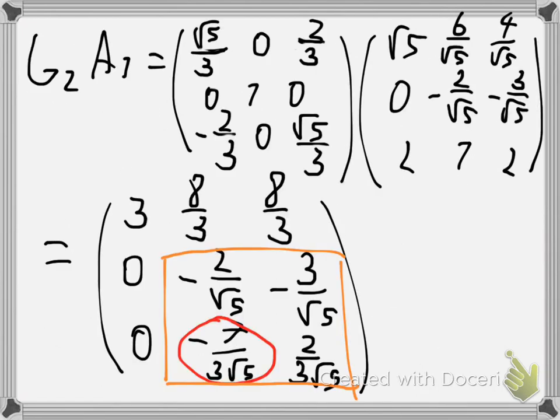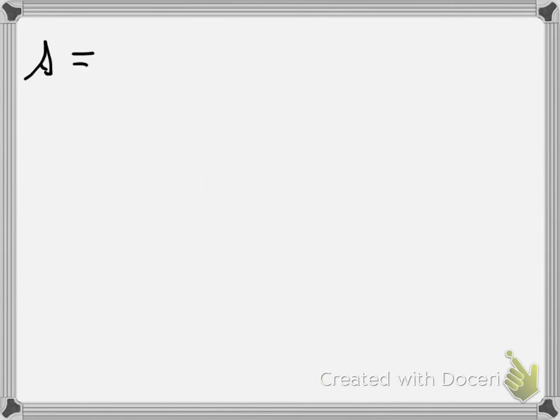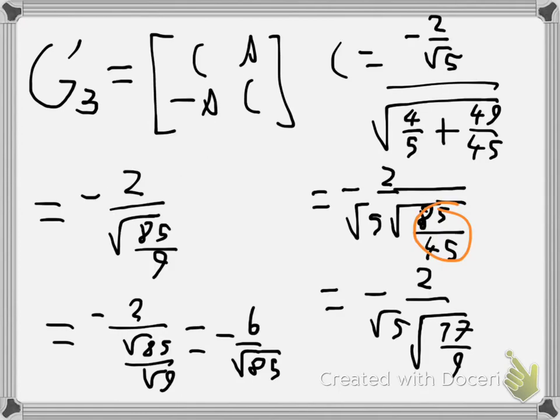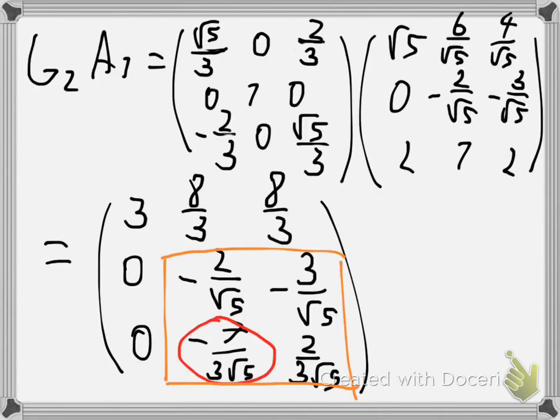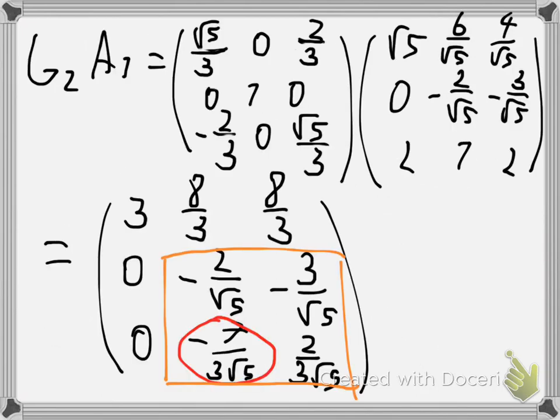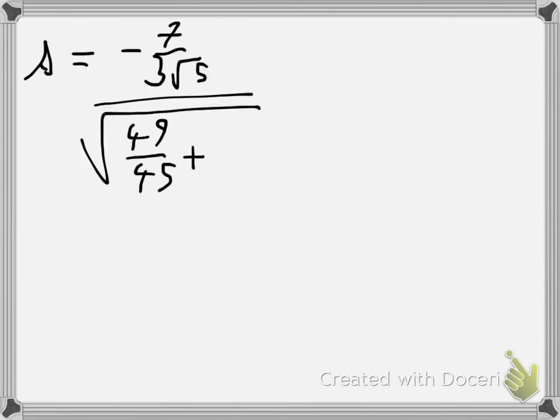And our sine should be the element we want to eliminate, over the square root of that element squared, so 49 over 45, plus the top element squared, so 4 over 5.